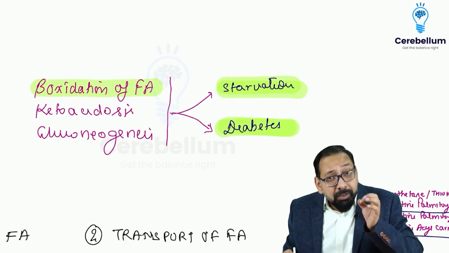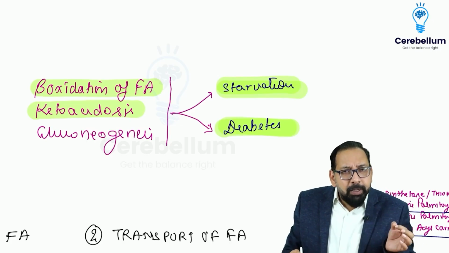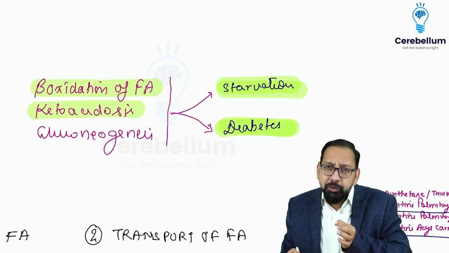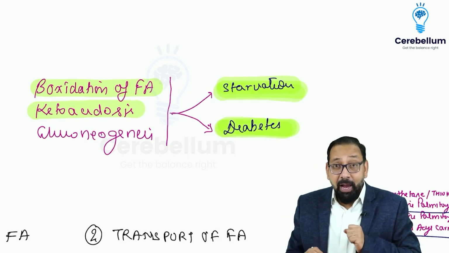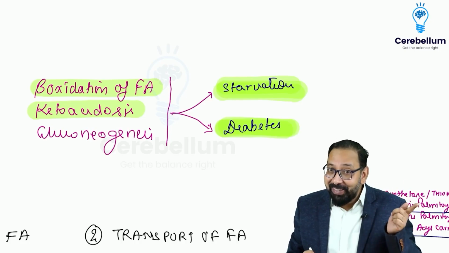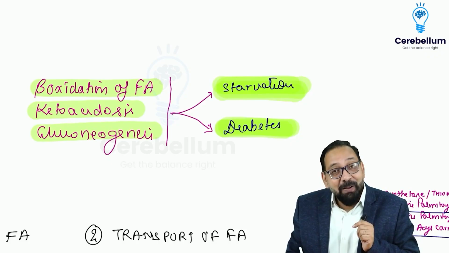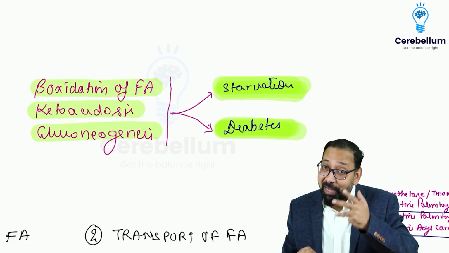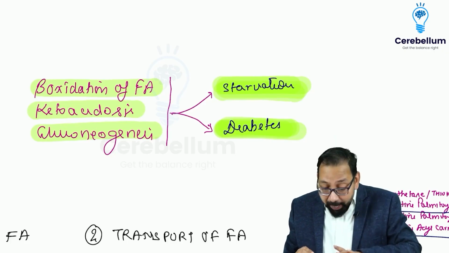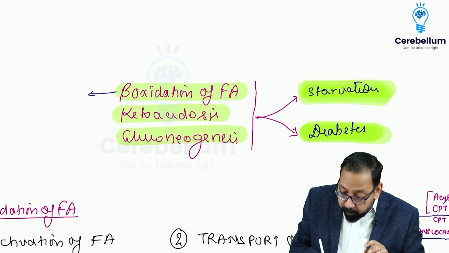We have just discussed that ketoacidosis occurs in starvation and diabetes, and we have discussed in carbohydrate that gluconeogenesis occurs in starvation and diabetes. So these three pathways occur in starvation and diabetes, a frequently asked question. And we will discuss shortly that beta oxidation occurs in mitochondria.